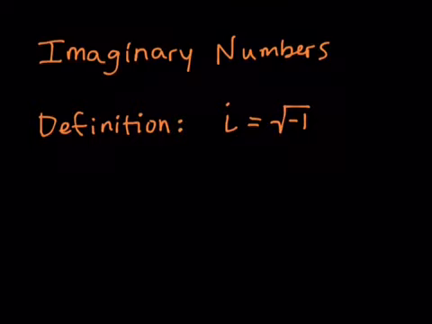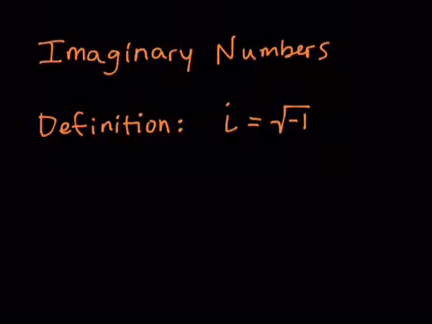However, if we're still interested in a solution for that type of problem, we can expand our definition of numbers to include imaginary numbers, and then we can talk about solutions. So we have a definition. This is the most basic imaginary number. We define the square root of negative 1 to be the imaginary number i.